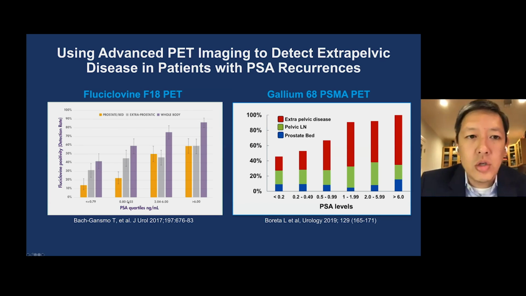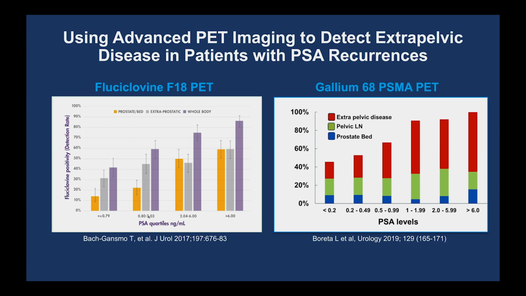One thing we do know is that using these advanced PET imaging approaches allows us to detect metastatic disease where previously we couldn't. In prostate cancer, there's a blood biomarker called PSA, prostate-specific antigen, that's obtained to track whether the disease is progressing or not.